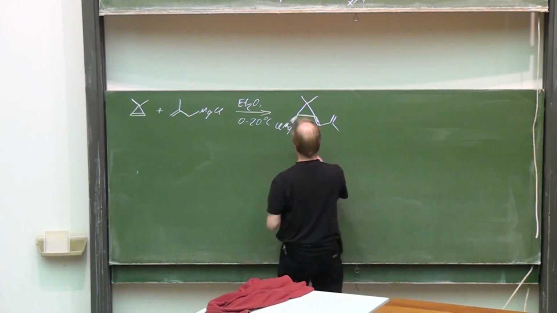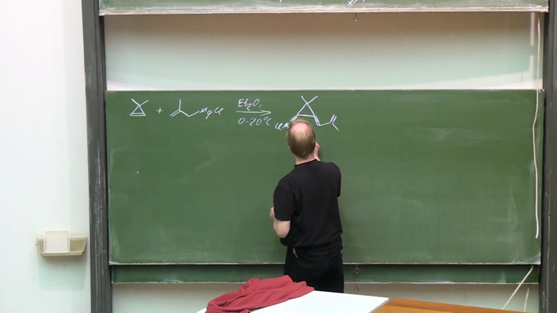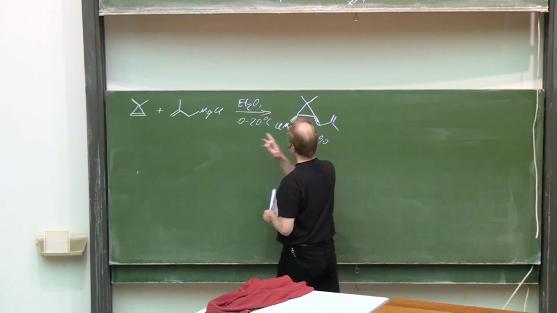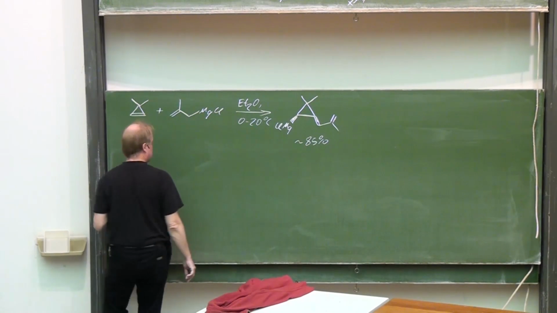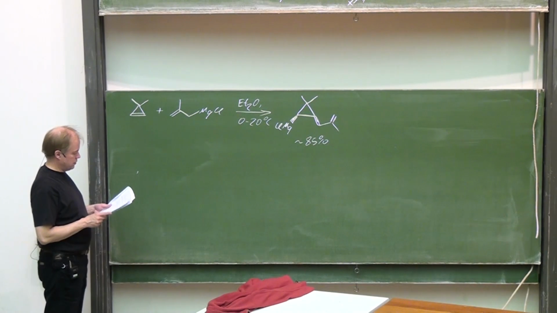And well, you might trap that with an electrophile and you will figure out that this step proceeds with about 85% yield.